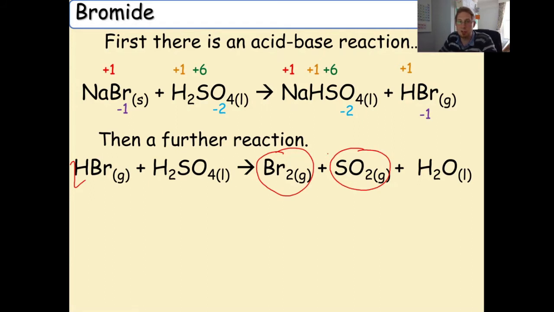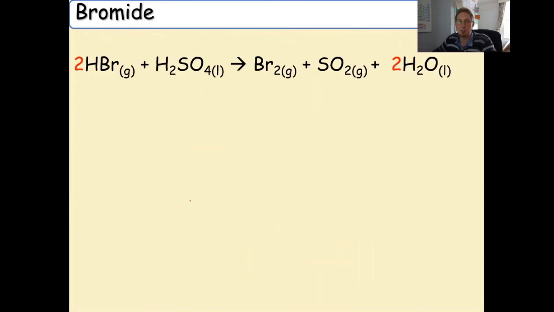You've got 4 oxygens, 2 there, so you must have 2 H2O, and therefore 4 hydrogens on the right hand side, 4 hydrogens on the left hand side. Everything is good to go. So 2 HBr gas plus H2SO4 liquid goes to Br2 gas plus SO2 gas plus 2 H2O.